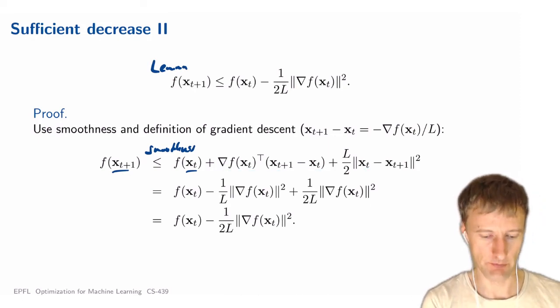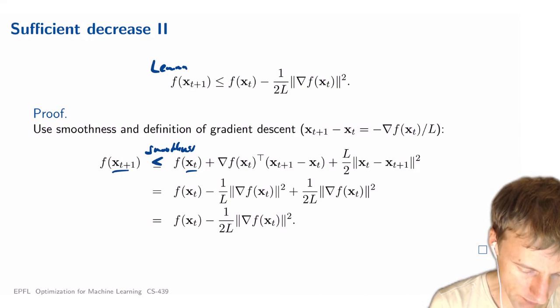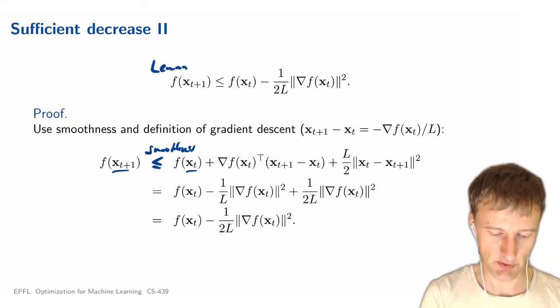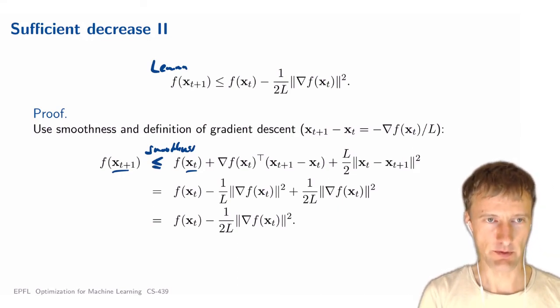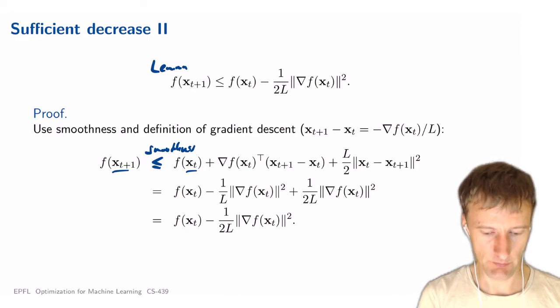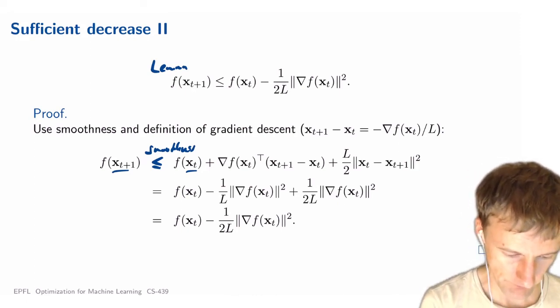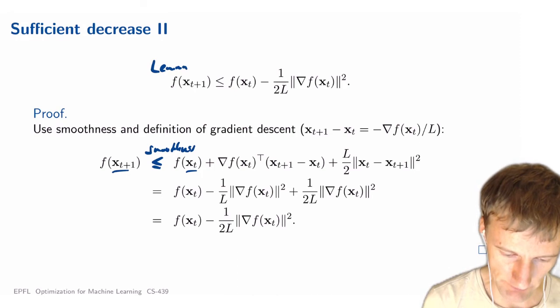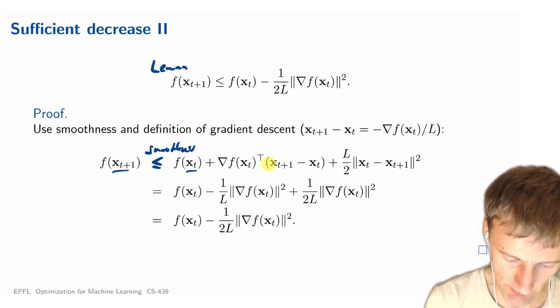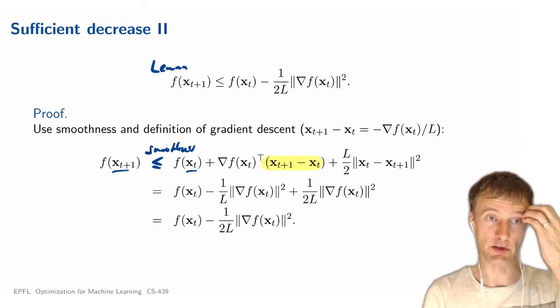Otherwise, nothing has happened. We just know that we are below that value by definition. And that's all. Now the next thing we do is plug in the definition of the gradient step. So now we see that we have a difference of the old iterate and the new iterate.